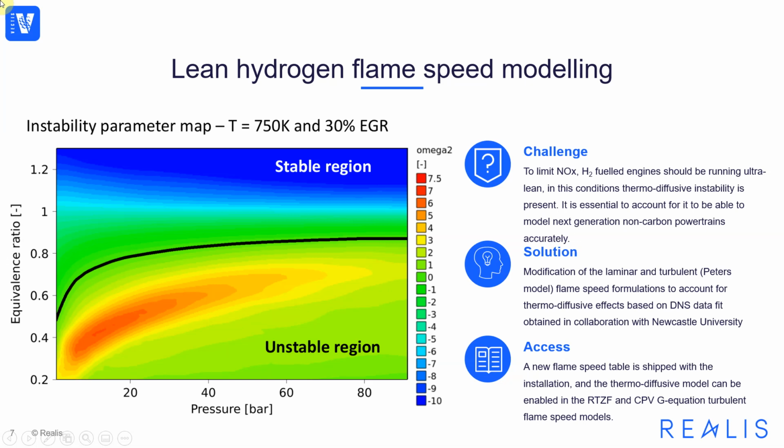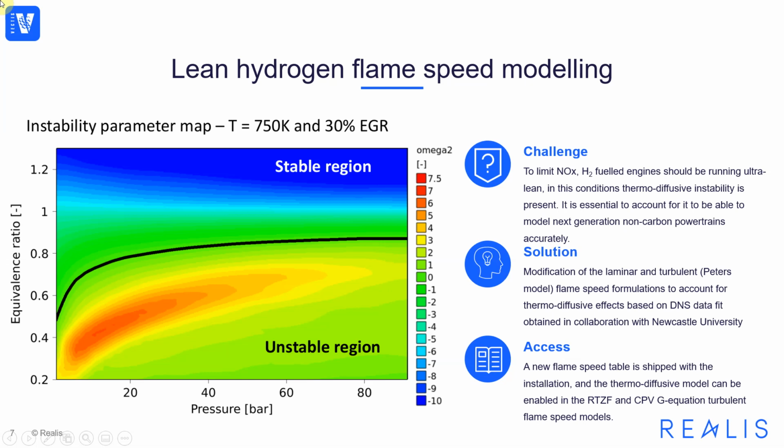This instability is expected to be promoted at the conditions at which the engines are operating, and thus needs to be accounted for if a robust, accurate, and predictive hydrogen combustion model is to be obtained. VECTIS 22.3 introduces a new state-of-the-art modeling approach combining both laminar and turbulent closure modifications to account for the effect of the thermodiffusive instability onto the hydrogen flame speed.